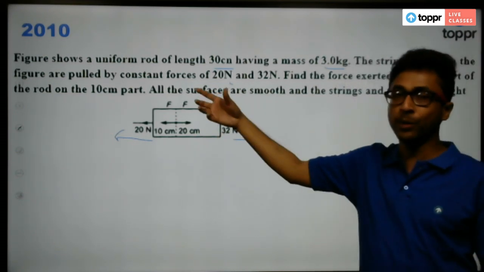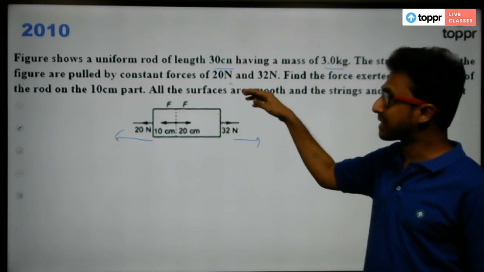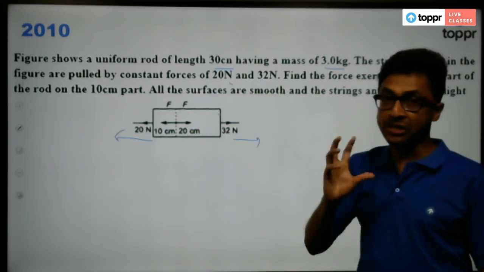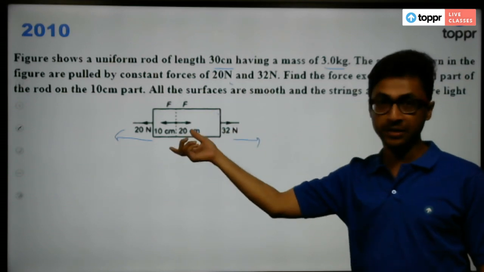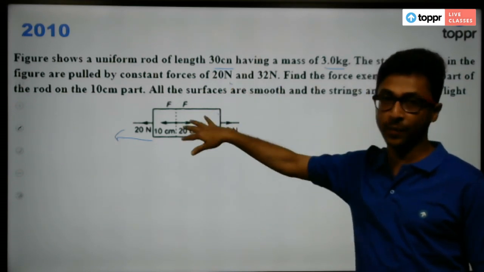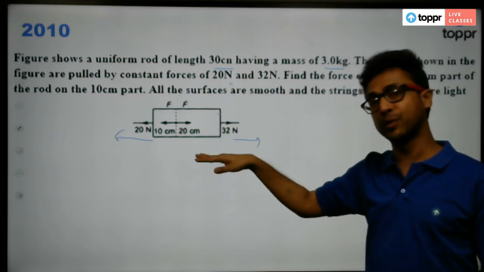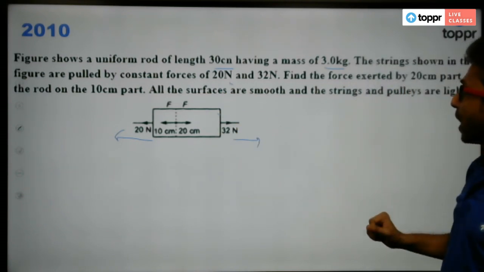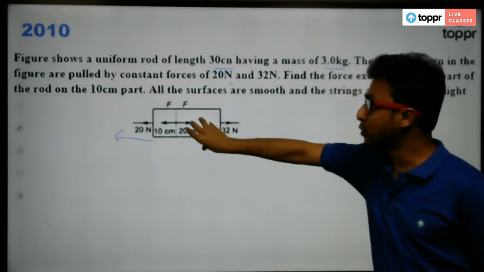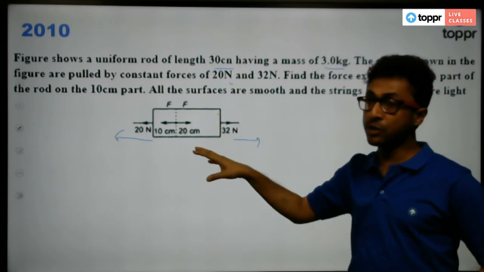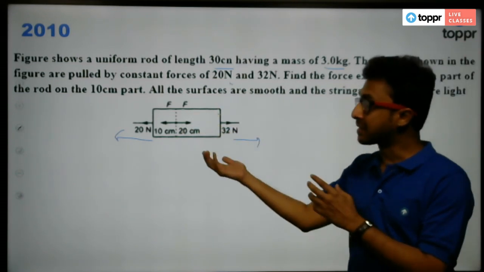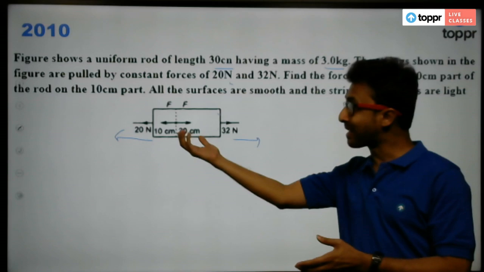It's actually a problem of Newton's laws of motion, but as we are talking about stress and strain and internal forces, we have considered this question to be a part of the mechanical properties of solids. Now see, before going into the internal forces, let us first try to understand the dynamics of the body as a whole.